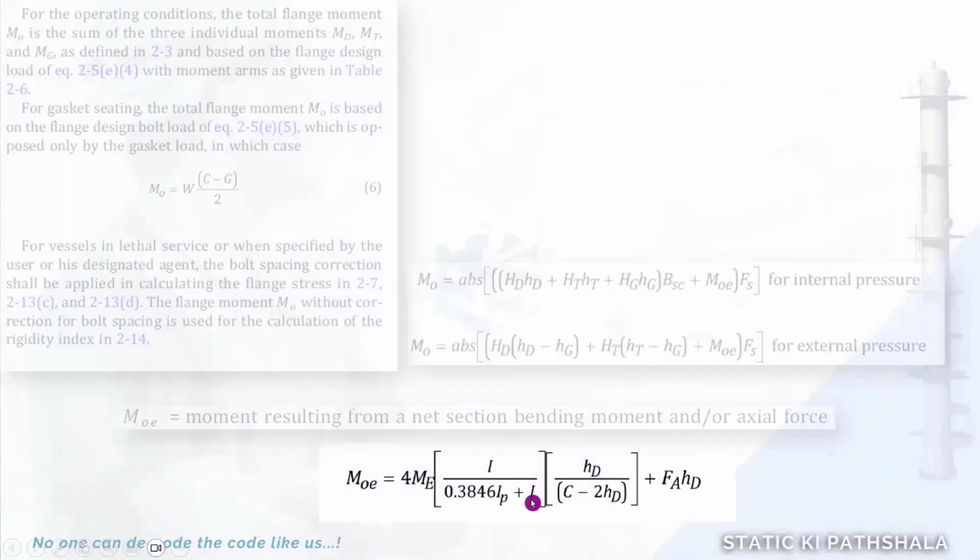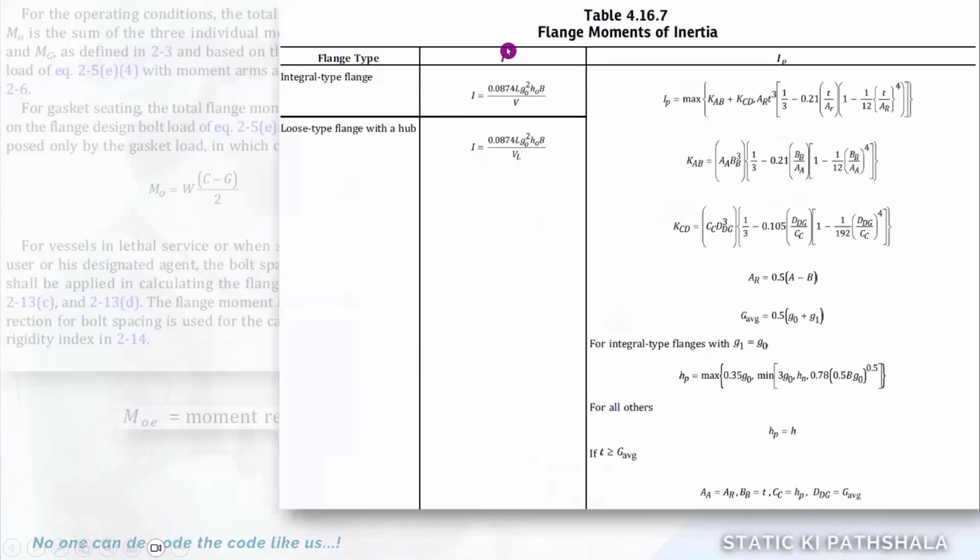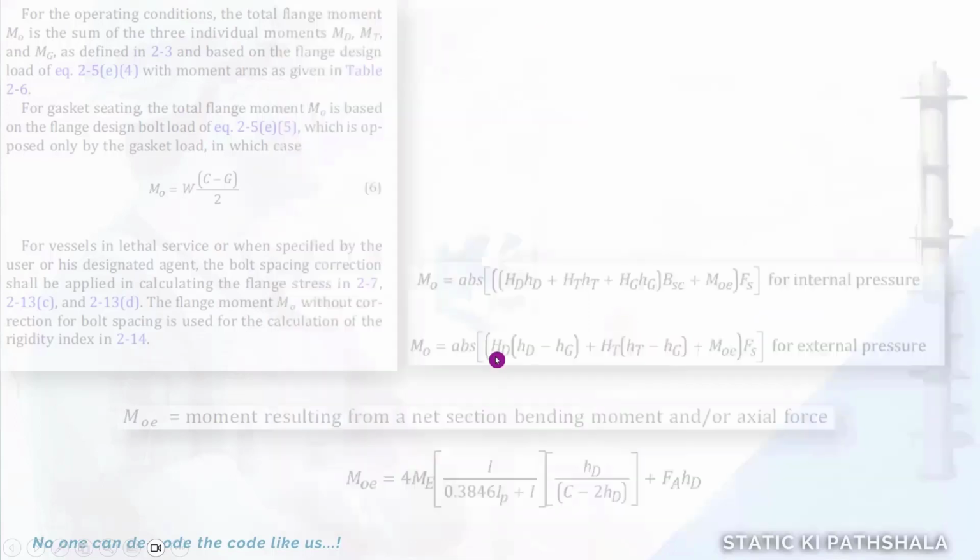Here IP and I are the polar moment of inertia and moment of inertia that they have given. You can see that for a variety of flanges, for integral flange, for loose ring flange, you have to calculate the moment of inertia and polar moment of inertia. This is quite complicated as compared to what we have seen in Division 1.